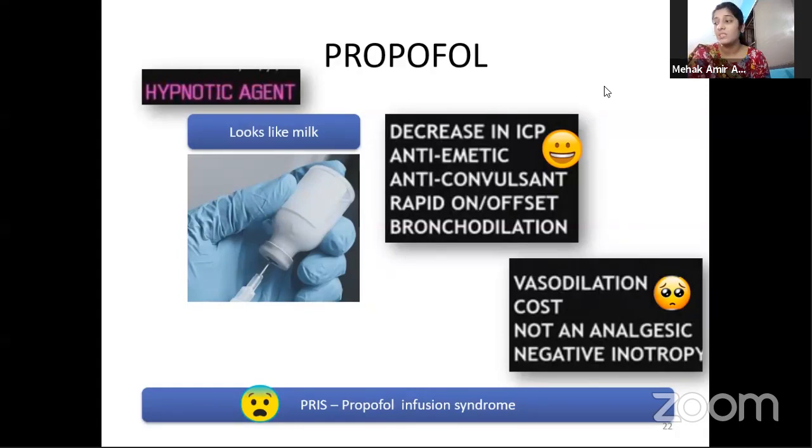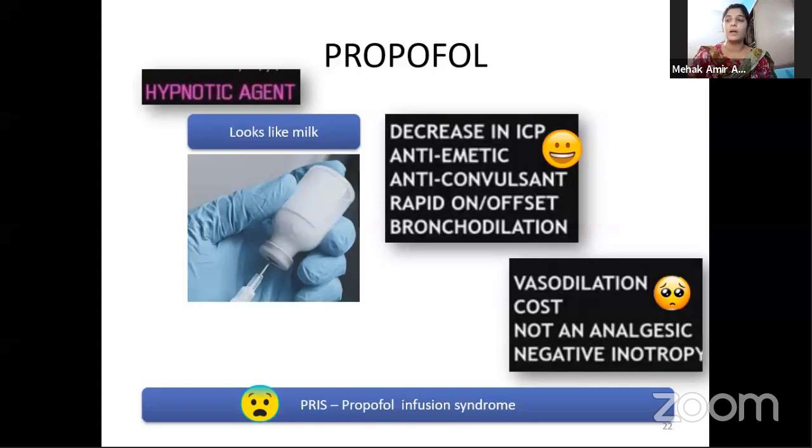So you have to look for the symptoms. Lactic acidosis is there, rhabdomyolysis is there. The reason behind this is that propofol inhibits certain enzymes at the mitochondrial level. Therefore, due to the inhibition of the enzyme, there is an increase in anaerobic respiration, which ultimately increases lactic acidosis in the body, and due to this, refractory bradycardia, renal failure, and hypertriglyceridemia are there.